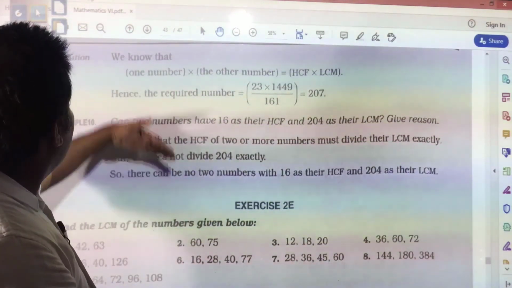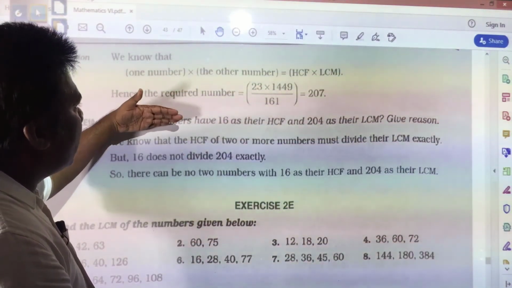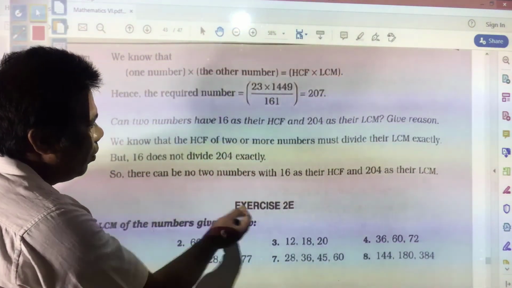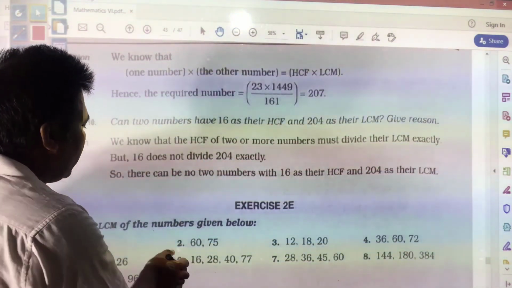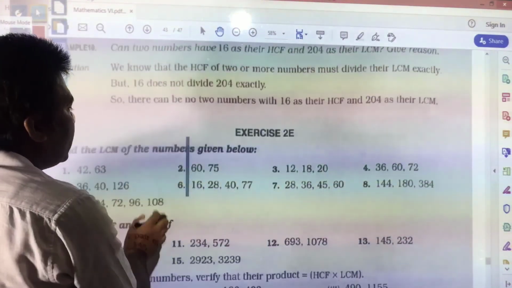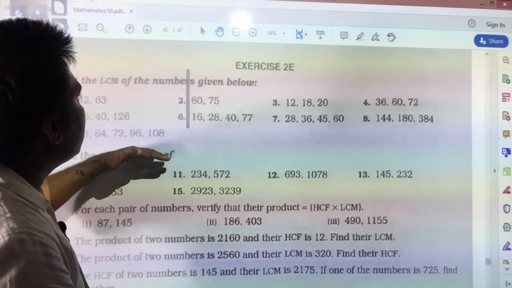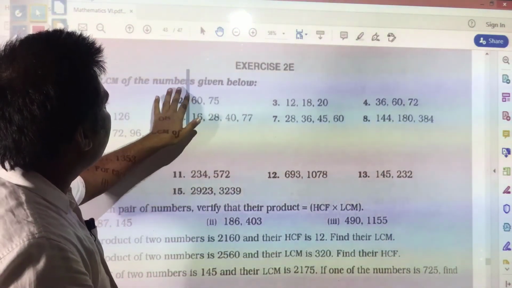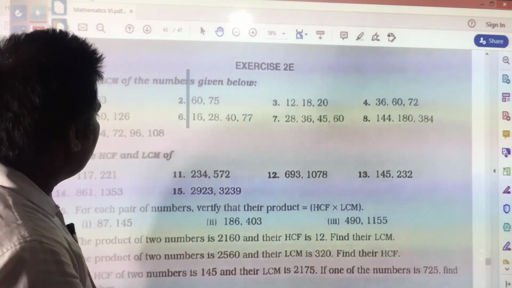So, I think most of the things have already been covered, whatever we had to know for exercise 2E. Now, whatever questions are there in exercise 2E, you have already done. Find the LCM of the numbers given below, so you know how to find LCM.